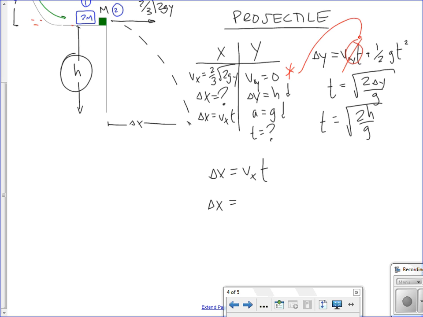Well, let's see, what's vx? It's 2/3 radical 2gy times radical 2h over g. And we can simplify the heck out of that. We have a g in a radical and a g in a divided by a radical. Those go.